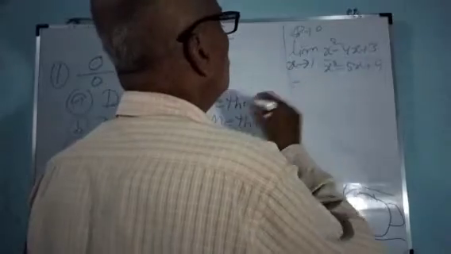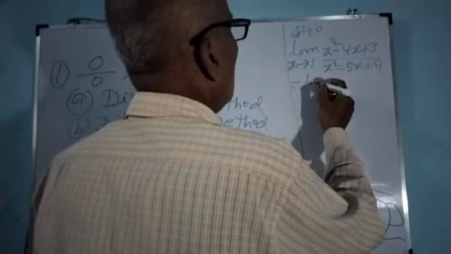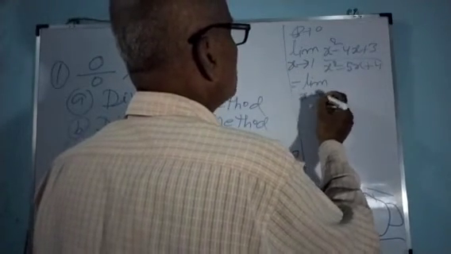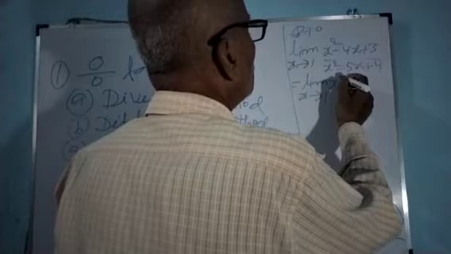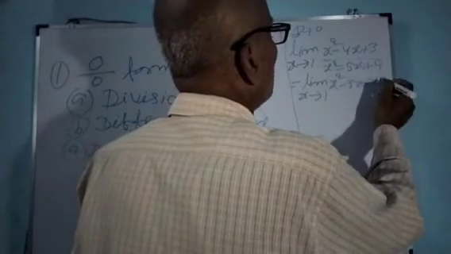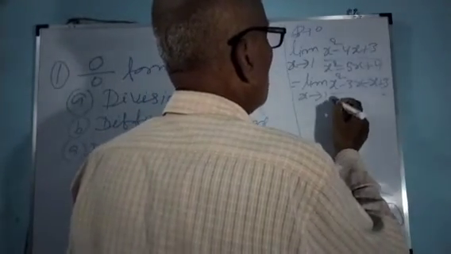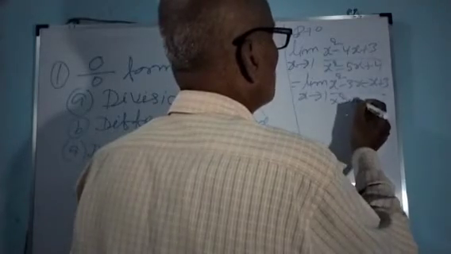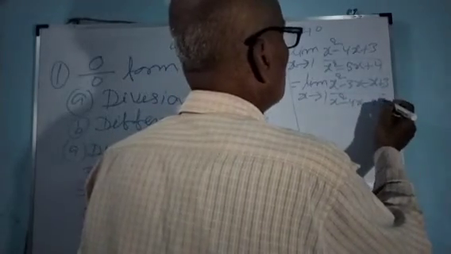This is equal to limit x tends to 1, (x square minus 3x minus x plus 3) by (x square minus 4x minus x plus 4).